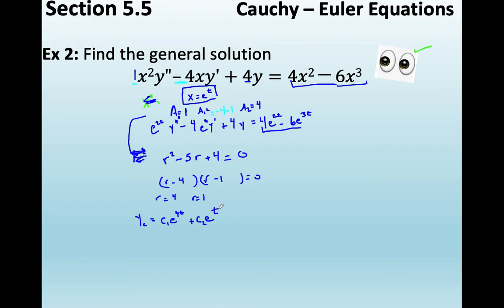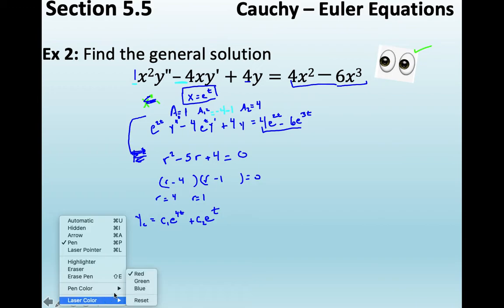Good. Now I can actually make a decision at this point. If I retransform here when I'm doing y sub p, I'm going to be dealing with a cubic. And if I use my undetermined coefficients, I don't think so. So I think I'm just going to consider that I'm still in t.